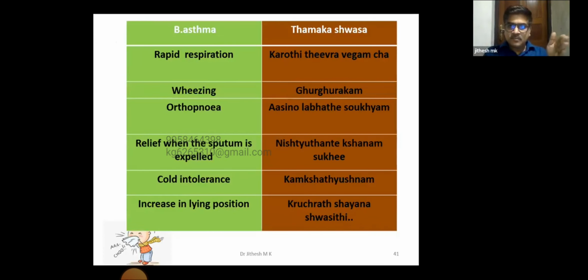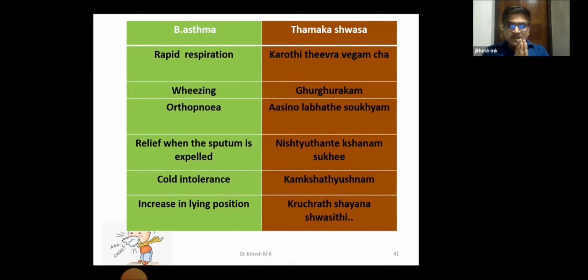That's right. So we know Tamaka Shwasa very well. From this much of the medicines, you might have understood that different medicines are explained, which reduce the different types of vitiated doshas in each and every condition.